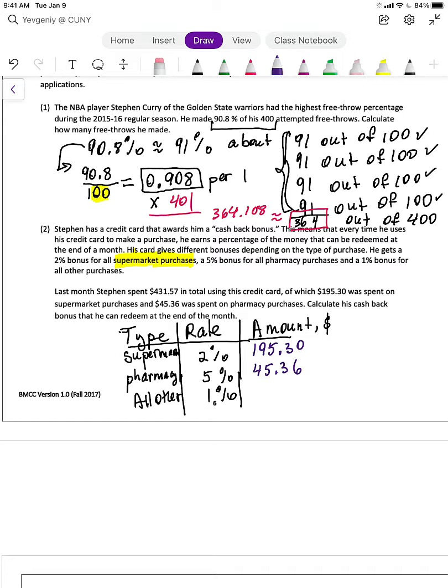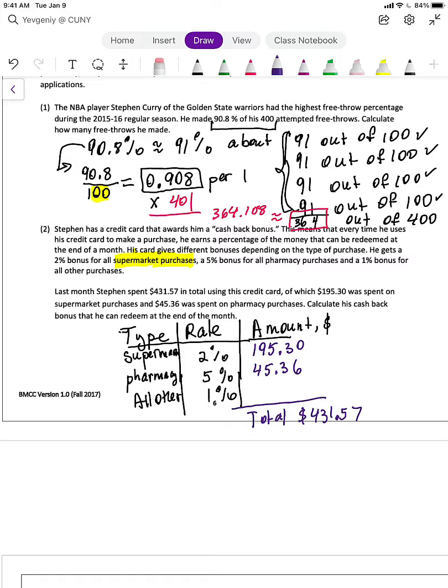And everything else we can calculate in a moment, but we do know that he spent a total of $431.57. So I'm going to ask you to take a moment and calculate how much he spent on all the other purchases.